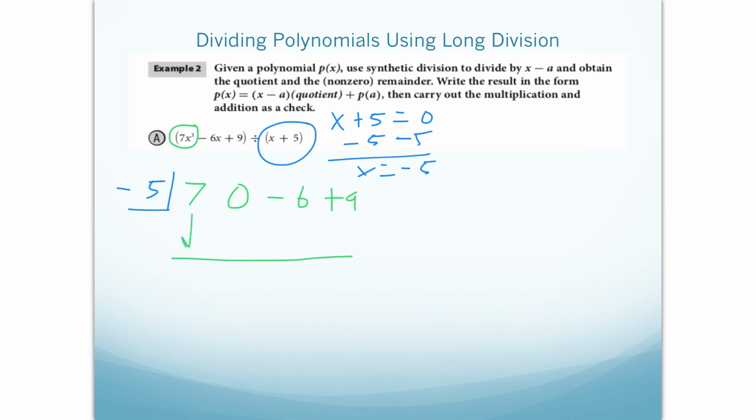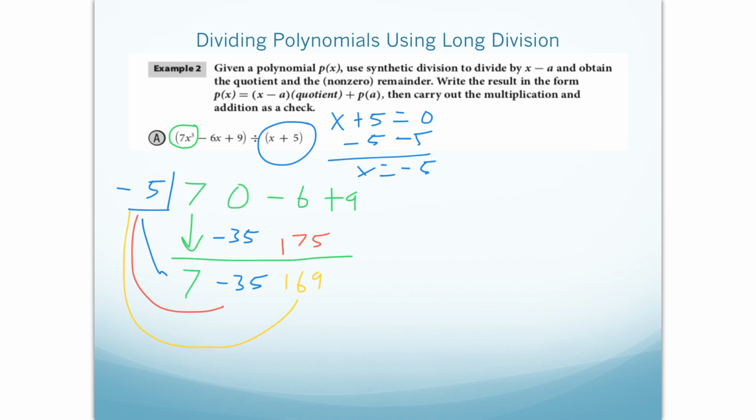Step 1, bring the 7 down. Step 2, it's negative 5 times 7. We write that here. 0 minus 35 is negative 35. Then it's negative 5 times negative 35, which is 175. 175 minus 6 is 169.